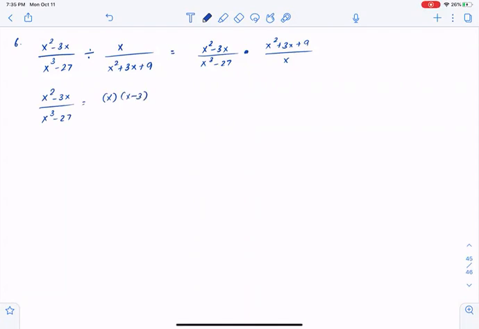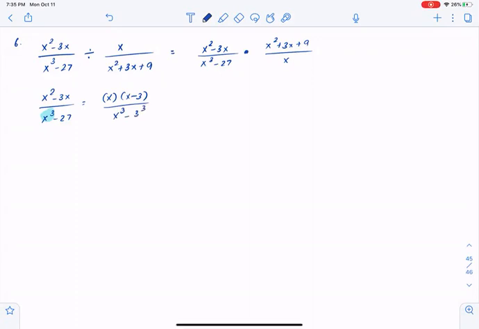The denominator has an x cubed in it. So the question, and it is a binomial, it has only 2 terms. So if I could write the number as a perfect cube, then I could use the special product. 27 is simply 3 cubed.